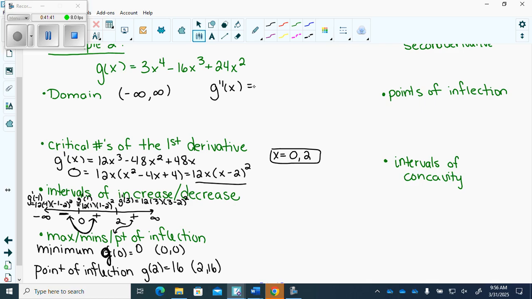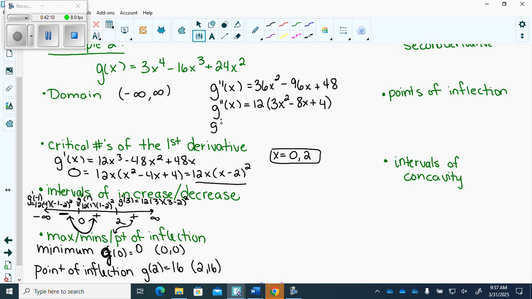So g double prime will be 36x squared minus 96x plus 48. What can I take out? When I take out a 12, I'm left with 3x squared minus 8x plus 4. Then I have to do decomp, correct?